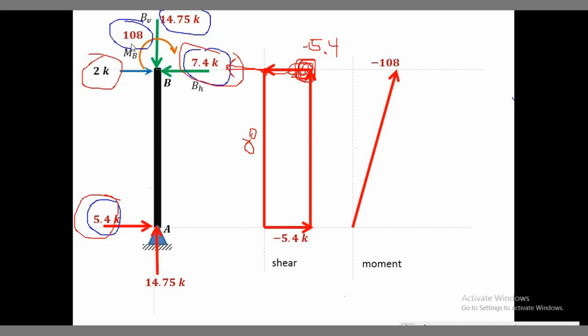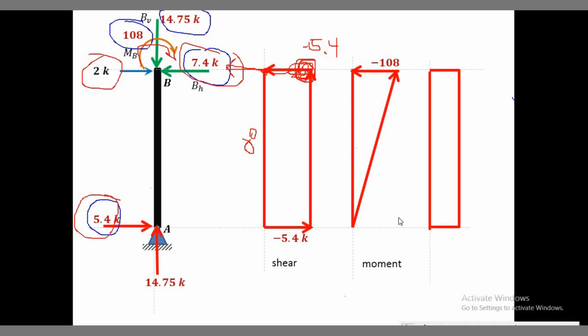Since 108 and the direction ng moment ni B ay clockwise, clockwise, positive. So, negative 108 plus 108 is 0. So, that is my moment diagram. So, for the axial force diagram, since the arrow is towards the joint, that is under compression. Okay?